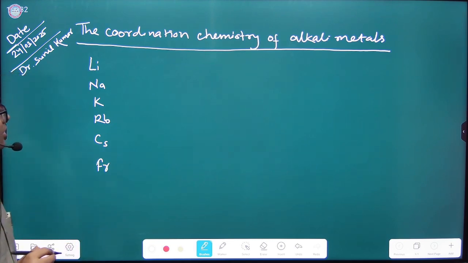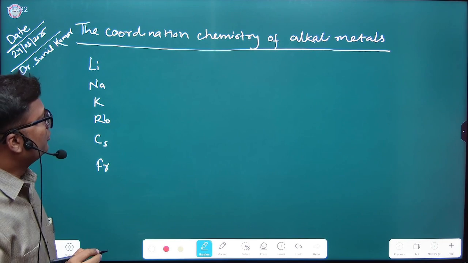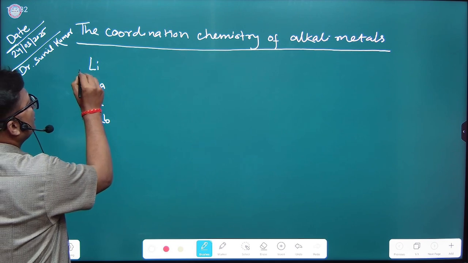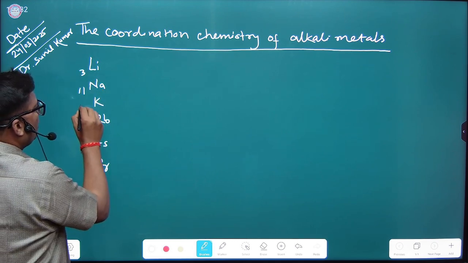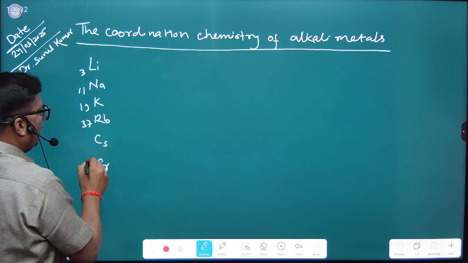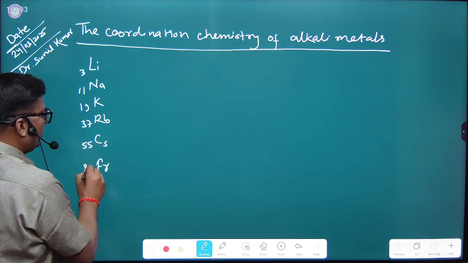The atomic number of lithium is 3, sodium 11, potassium 19, rubidium 37, cesium 55 and francium 87.